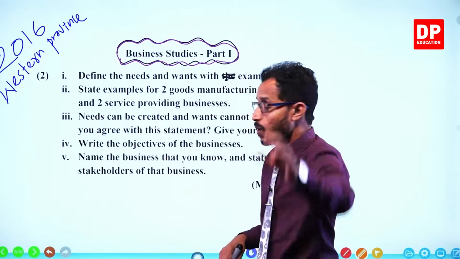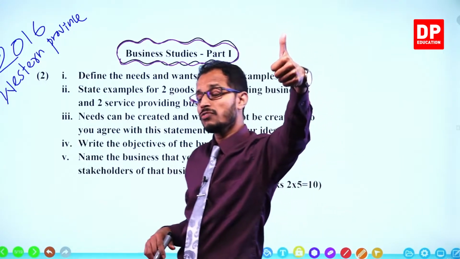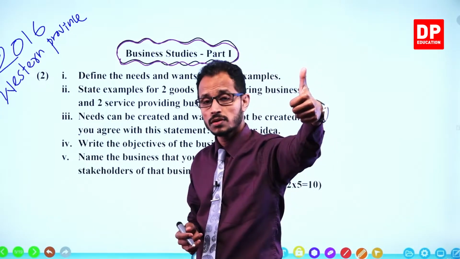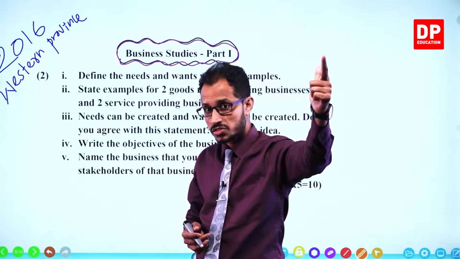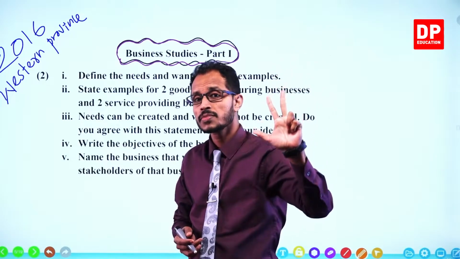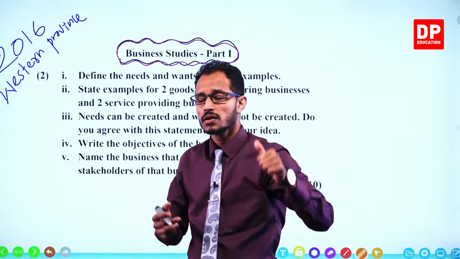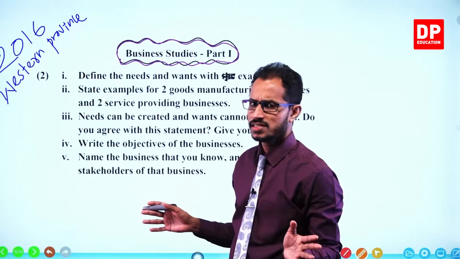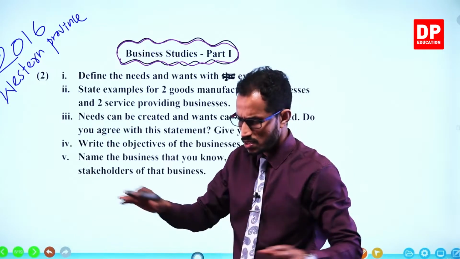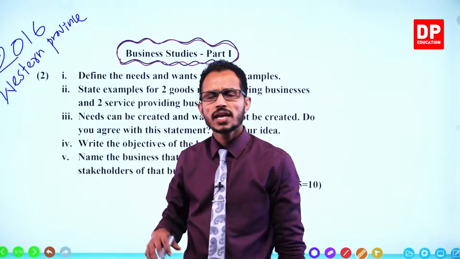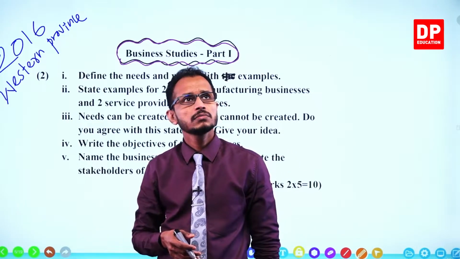What are the 5 basic needs? Food, shelter, clothes. No, you have to give the list in a flow, without thinking.